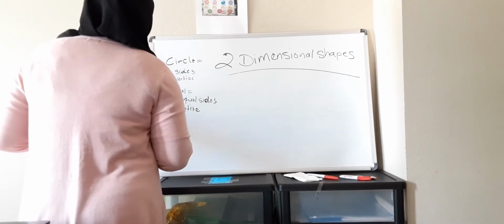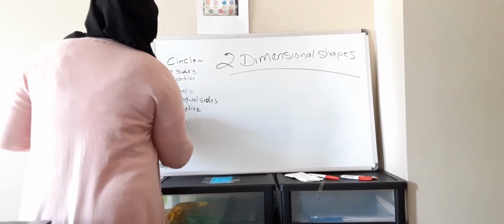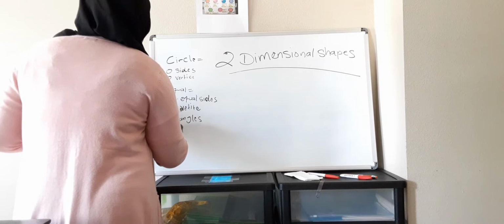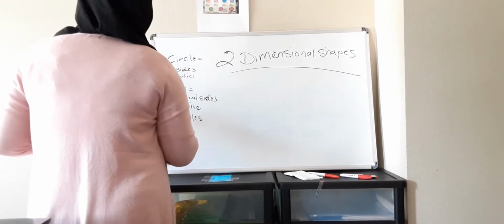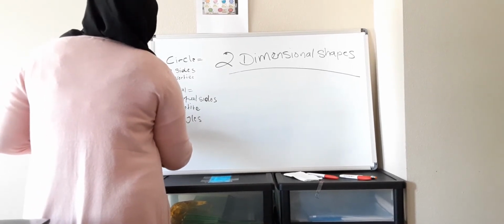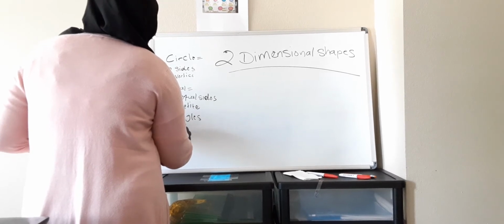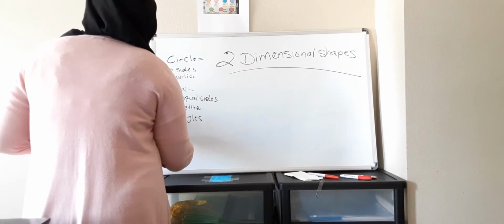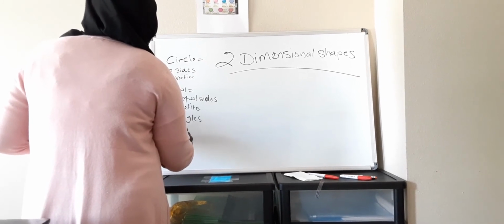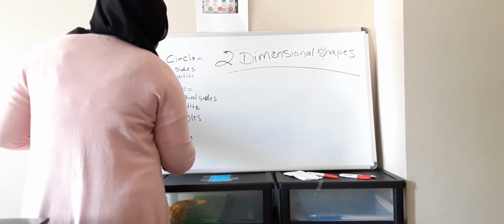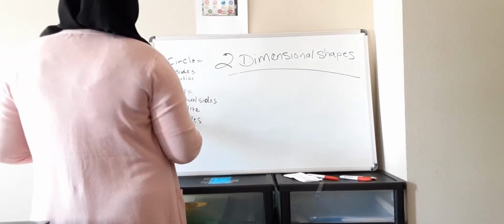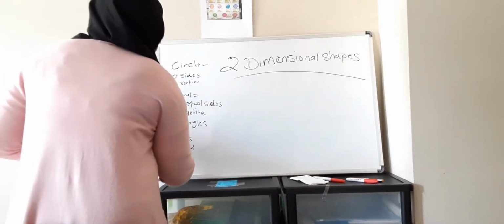A rectangle has four sides and four vertices.